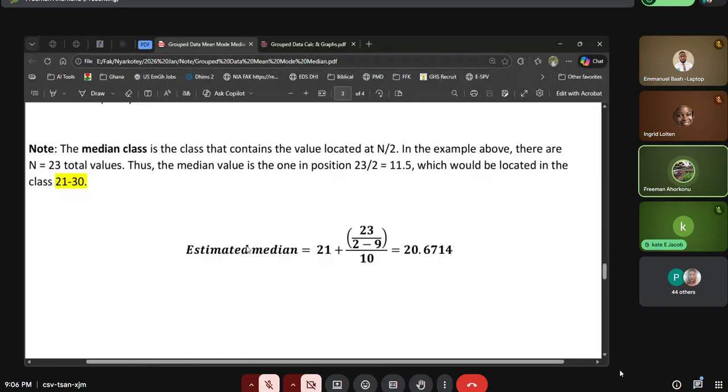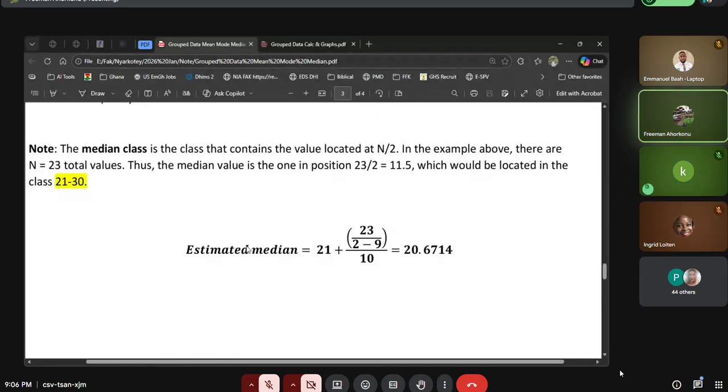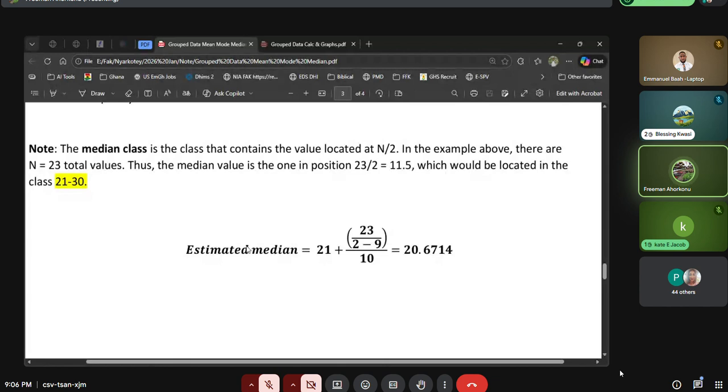So, class interval. These are just vocabularies for you to learn. 1 to 10, 11 to 20, 21 to 30, and they have their corresponding frequencies. We spoke at length about class boundary, the upper class boundary.